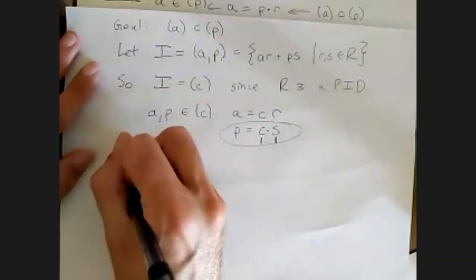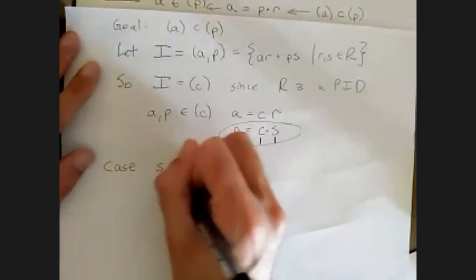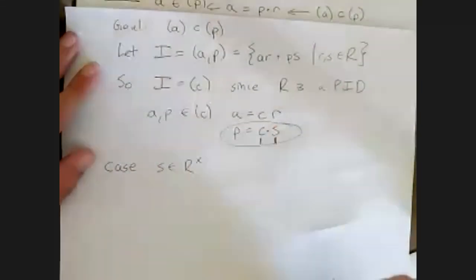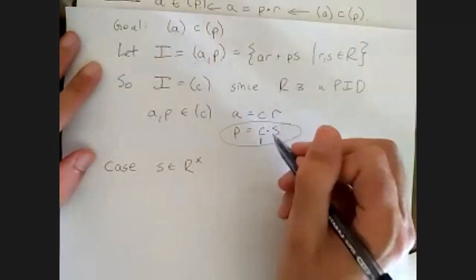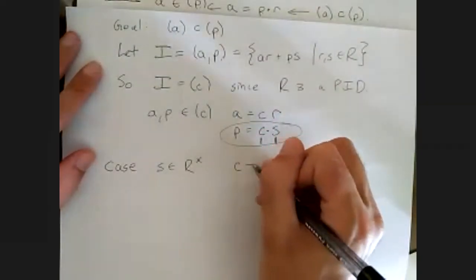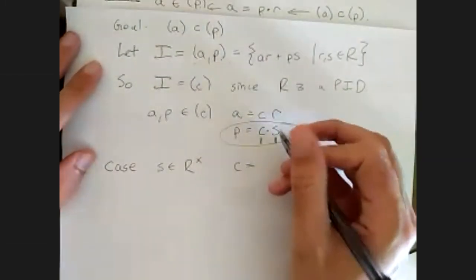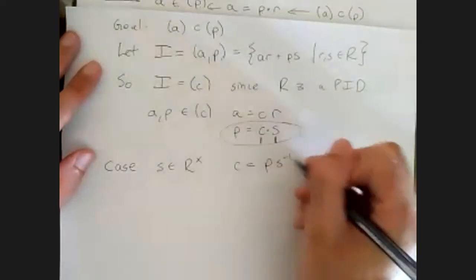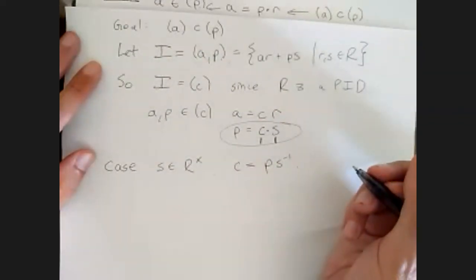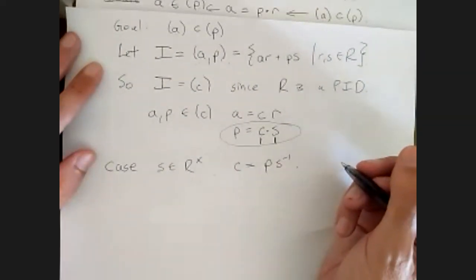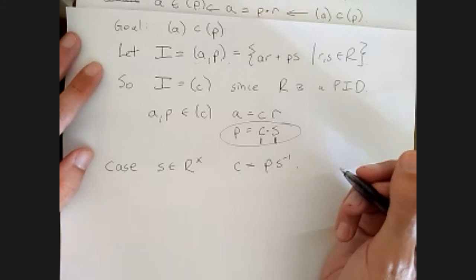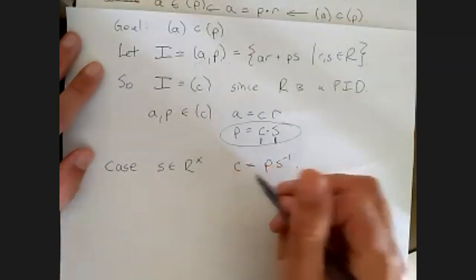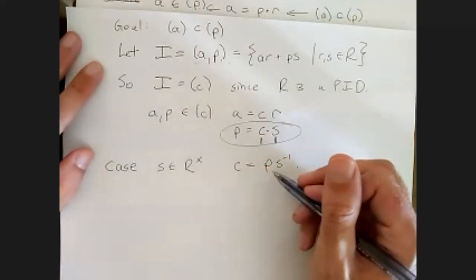So case S is a unit. Well, then C is equal to P times S inverse. In other words, C is an element of the ideal generated by P.